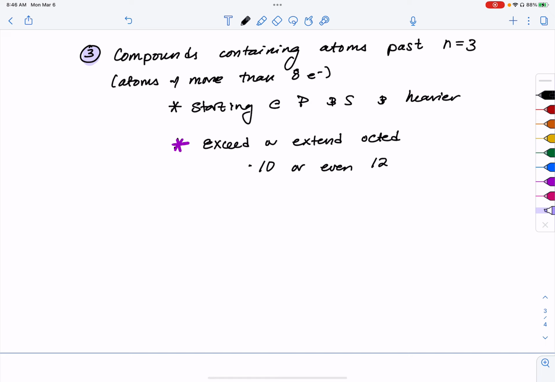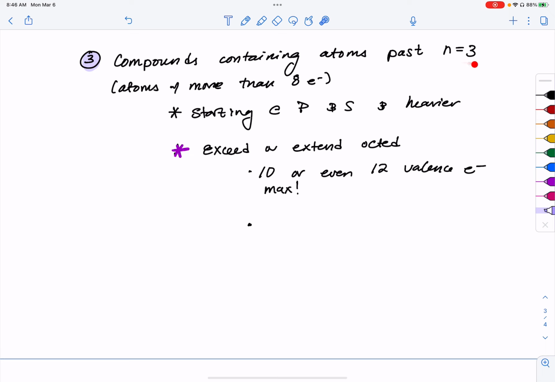valence electrons max. And the reason why we can do this is because by the time we're at n equals 3, especially for elements like phosphorus, sulfur, and anything heavier, we have now introduced the d orbital. And even though for some of these compounds the d orbital is not full, like they're not transition metals, that d orbital can still act as a storage unit to accommodate these extra electrons.